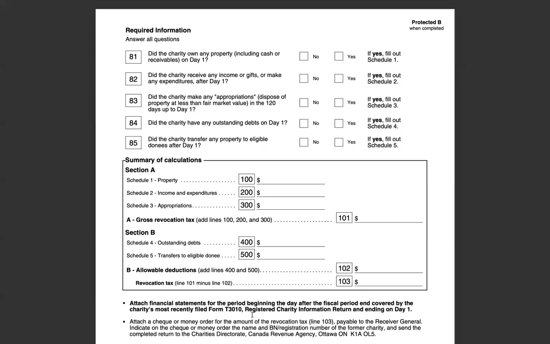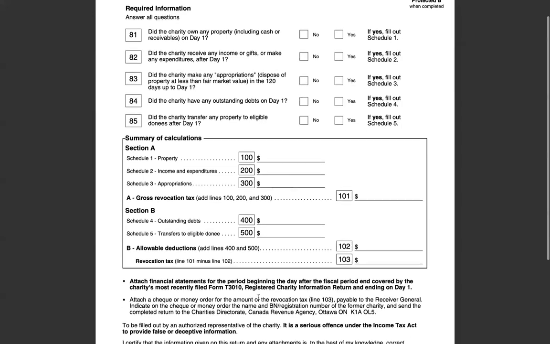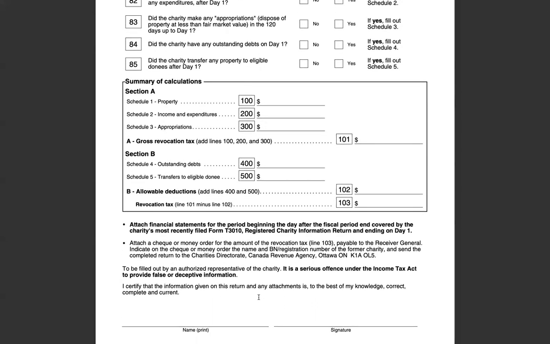Then you attach the financial statement for the period beginning the day after the fiscal period covered by the charity's most recent form T3010, the registered charity information return, and ending on day one.